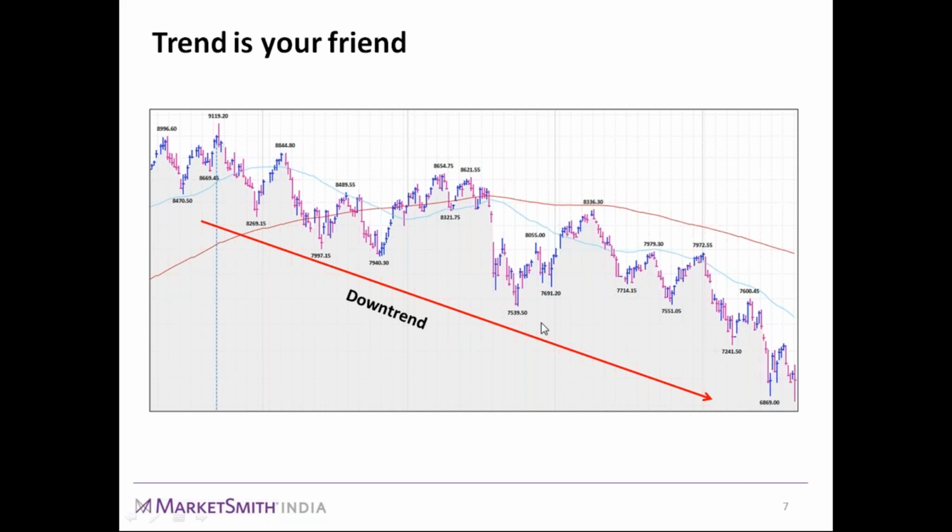So this is an example of a downtrend. It is not advisable to invest in stocks like these because there is some reason that is causing the stock to correct severely. Before investing, we should understand the reason for its fall, and avoid taking positions in such stocks.